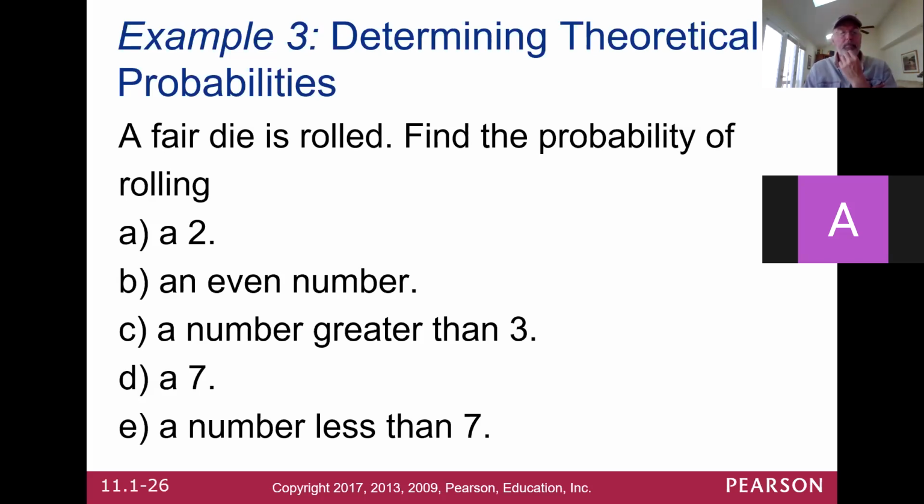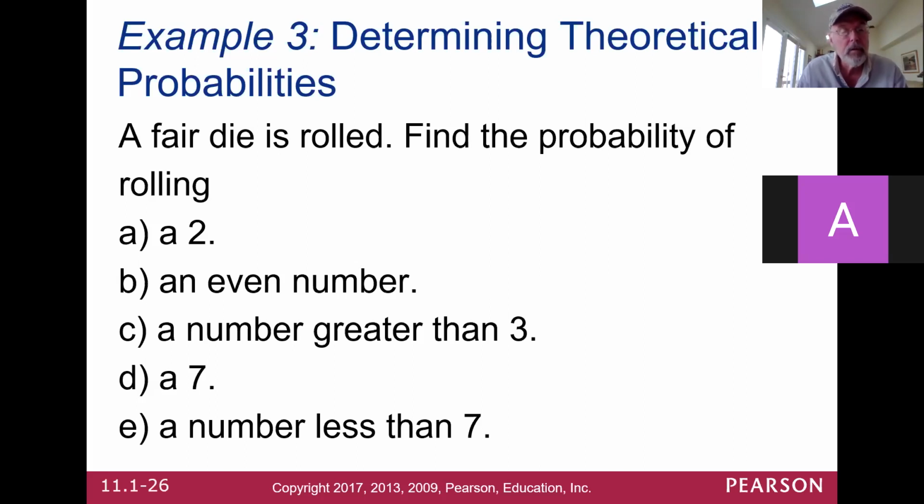For those who may not understand what a fair die is, this is a cube, and a cube has 6 different faces. 1 through 6 is on each one of the faces of that cube.